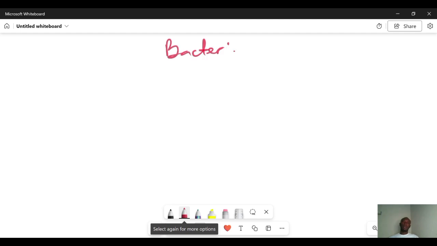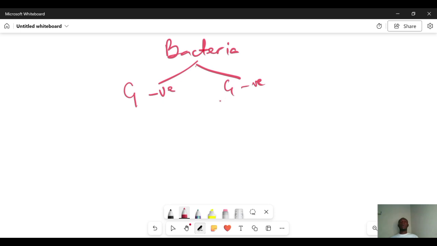Bacteria here can be classified using their gram-stain properties into gram-negative bacteria or gram-positive bacteria. These gram-negative bacteria have a very simple cell structure.